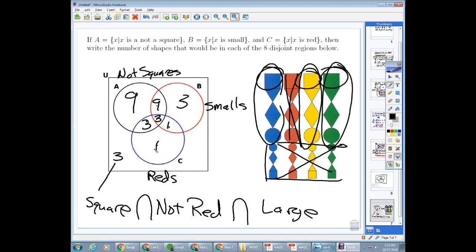All right, so I want to erase it. So let's see. I would like to know how many pieces are not square and not red.